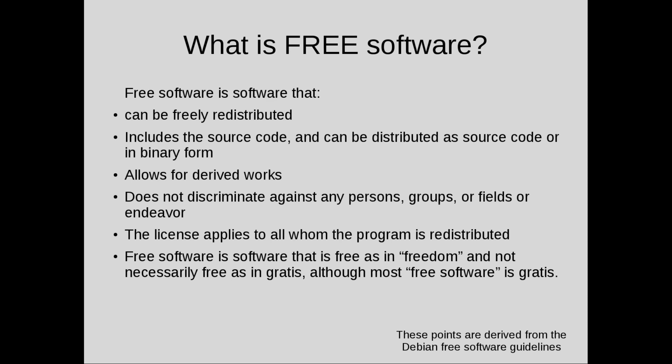The license applies to all whom the program is redistributed, which means basically there's no need for a new license to be applied to certain groups or whatever. And free software is software that is free as in freedom and is not necessarily free as in gratis, although most free software is gratis.